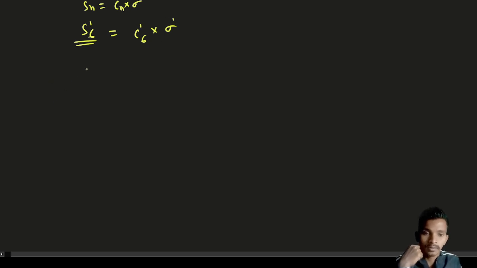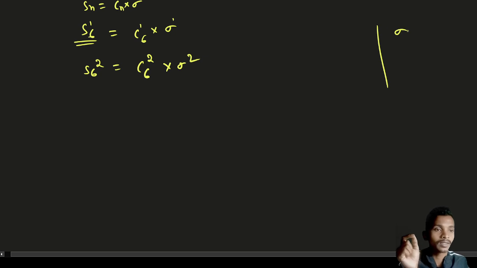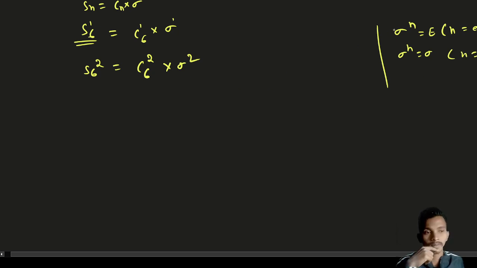Now similarly S6 2, then I will write C6 2 into sigma 2. Note also that we already discussed that this is equal to E if n is even, and sigma if n is odd. This we have already discussed.